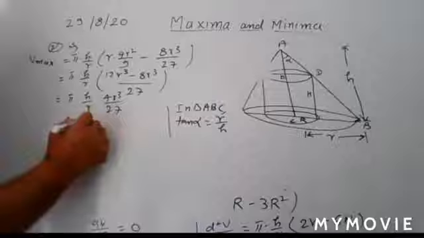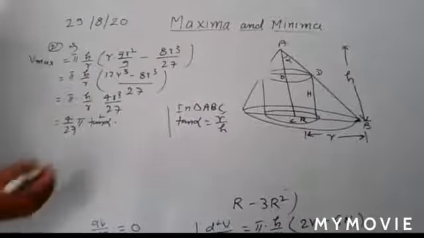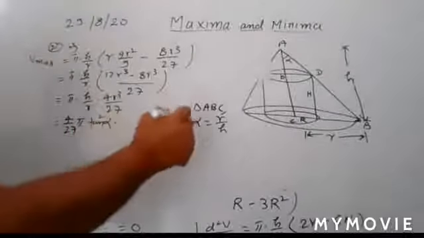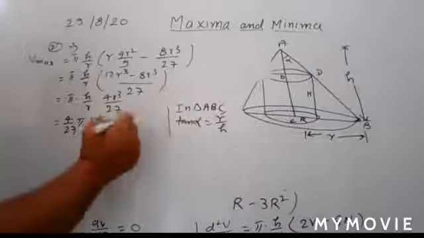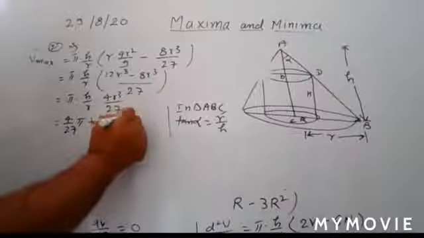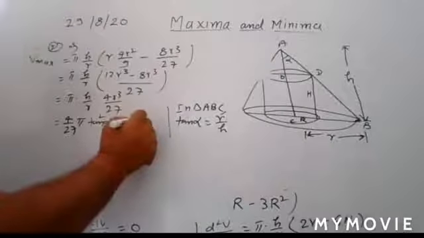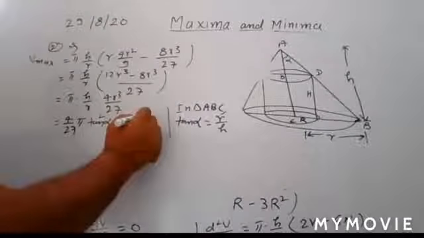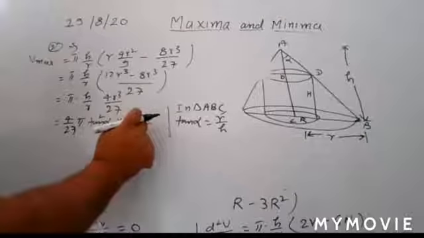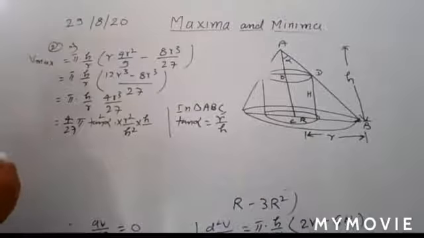If you write tan square alpha, you have to write h square by r square so that part is cancelled. So write here r square by h square, and then write your remaining terms, which is given here. So here you have h r square. Just do it.